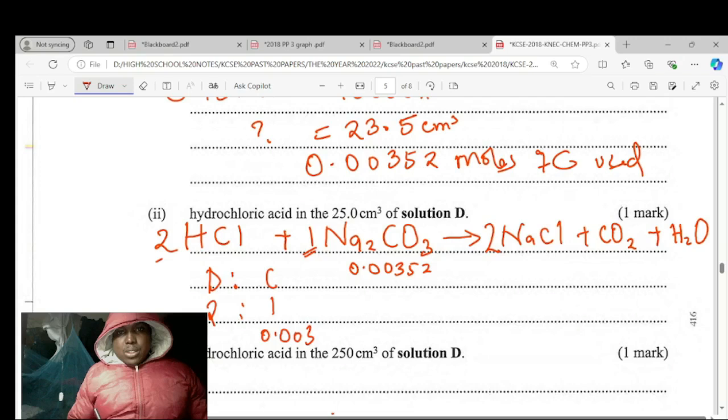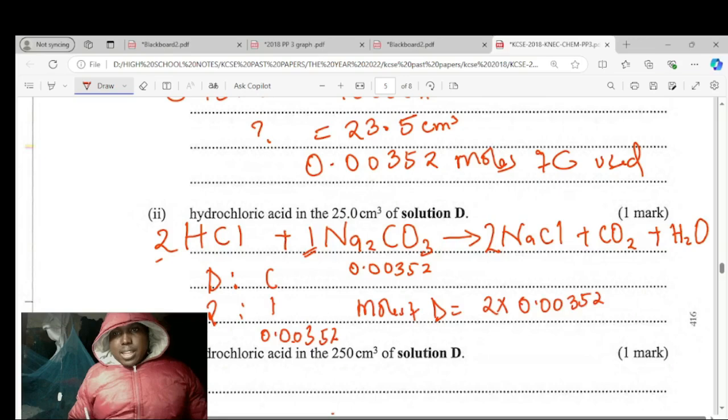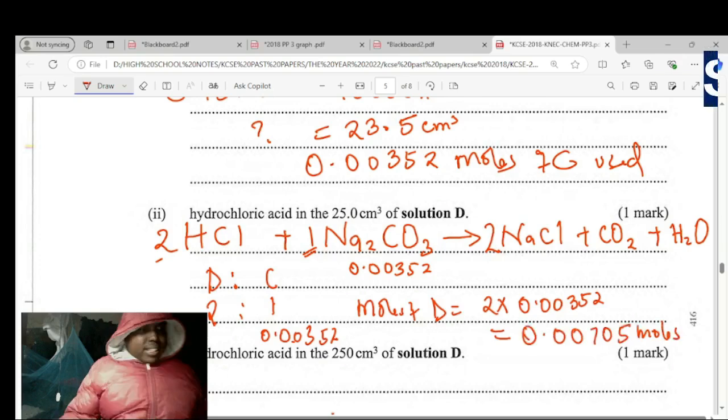So moles of D will be equal to 2 times 0.00352, which is equal to 0.00705 moles. Very nice. So that is the number of moles.